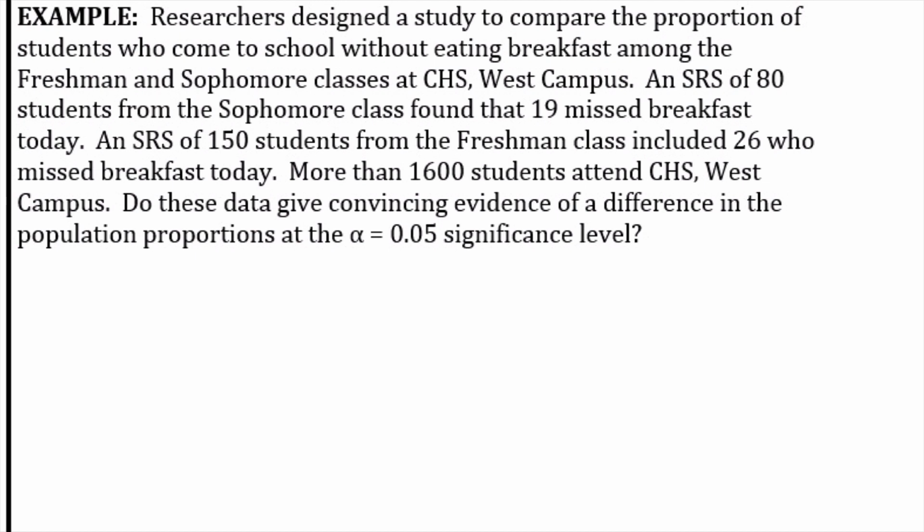An SRS of 80 students from the sophomore class found that 19 of them missed breakfast that day that they asked. An SRS of 150 students from the freshman class included 26 who missed breakfast that day. There are more than 1,600 students who attended Central High School West Campus. Do these data give convincing evidence of a difference in the population proportions?